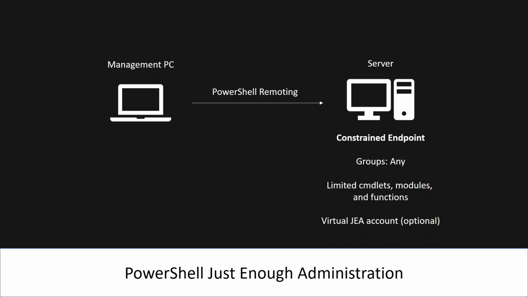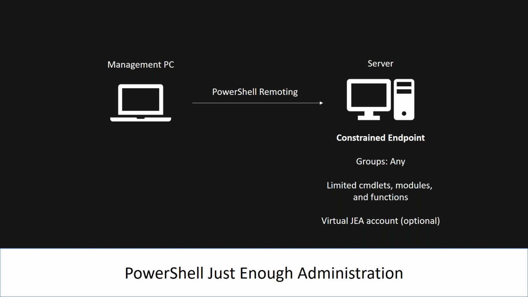Now, there are two ways users can connect to the endpoint. They can connect using their own account, so they will provide their own username and password. And when they connect to the remote server, they will action any commands on the remote server under their own username and their own user account.